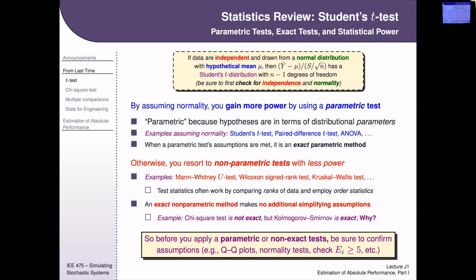Regardless of which types of tests you do, if you want to confirm, like in a goodness of fit sort of thing, with a parametric or a non-exact test, make sure you apply a Shapiro-Wilk, do your QQ plots, whatever, to make sure that you meet the assumptions of the non-parametric or the parametric test.